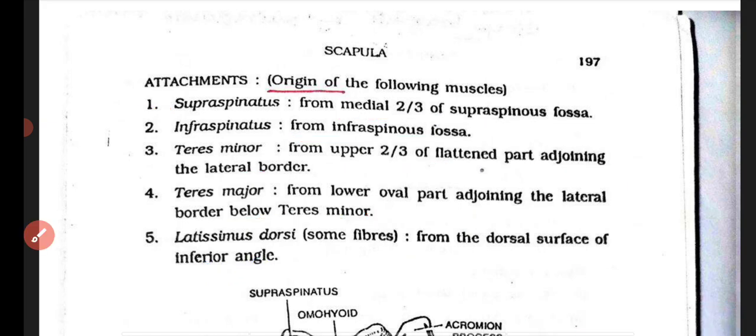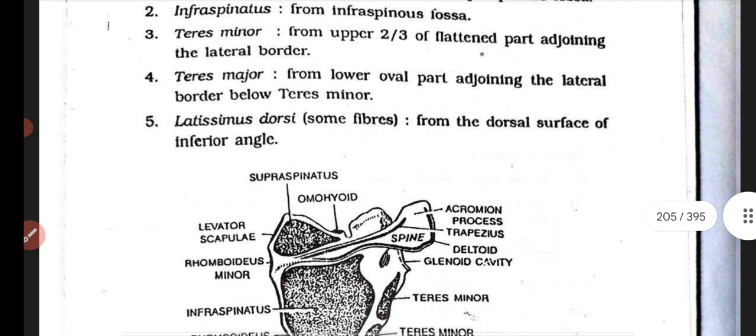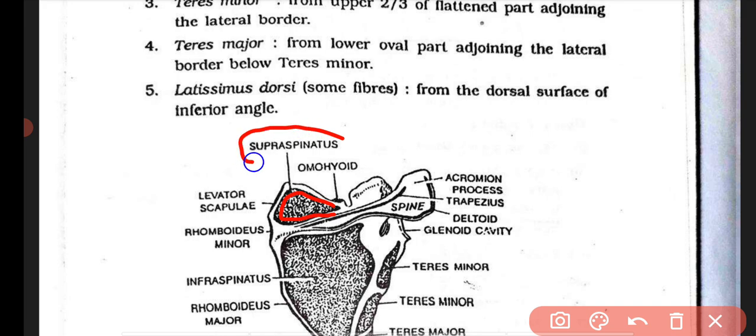Now we'll see here the five muscle attachments: supraspinatus, this one is the infraspinatus, the teres minor.